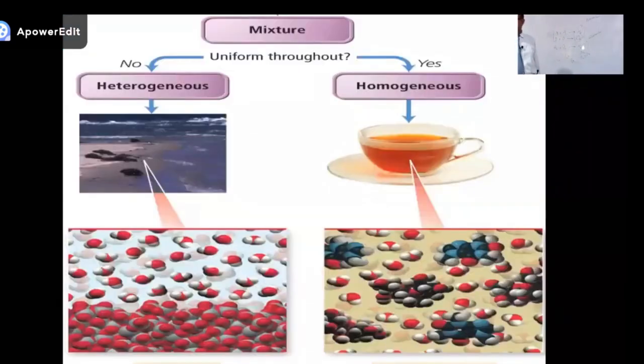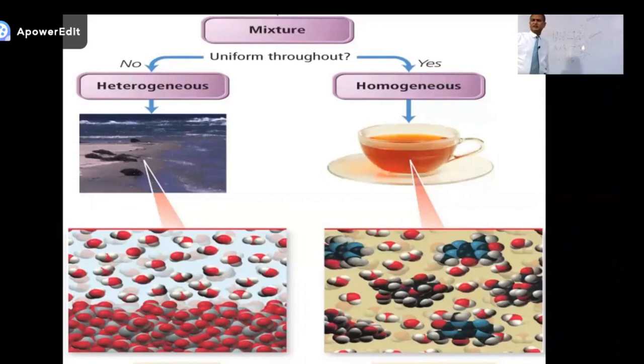Told you about mixture. Now there are two kinds of mixture in which we can differentiate. Think tea. It's a mixture. It contains milk, water, sugar, right? But we cannot differentiate all of these things.